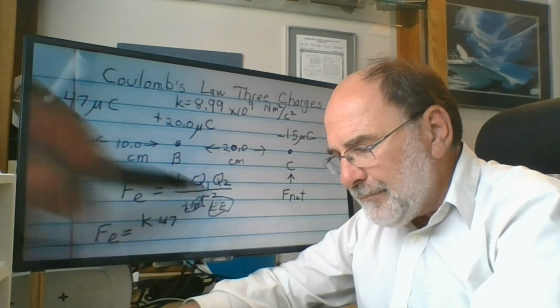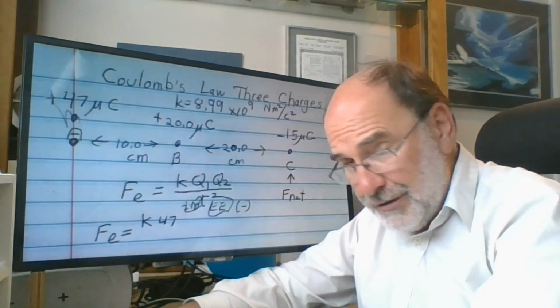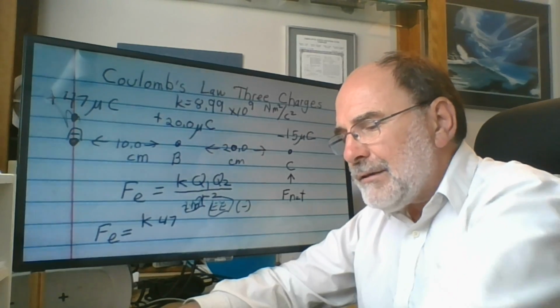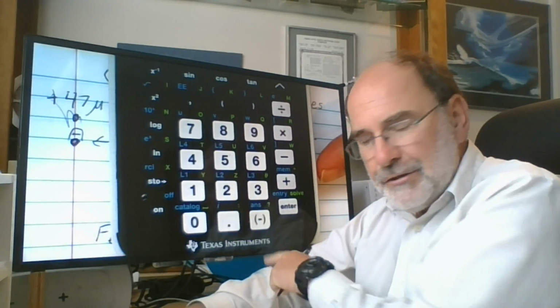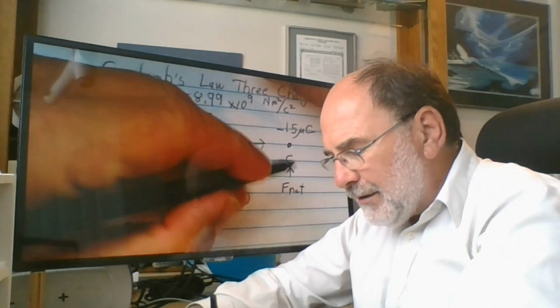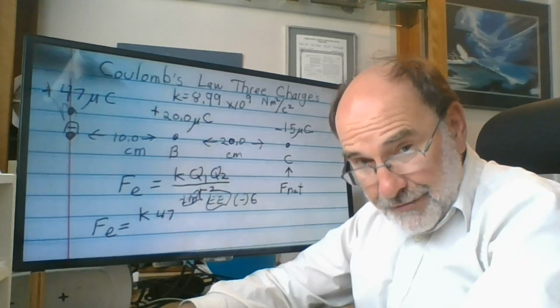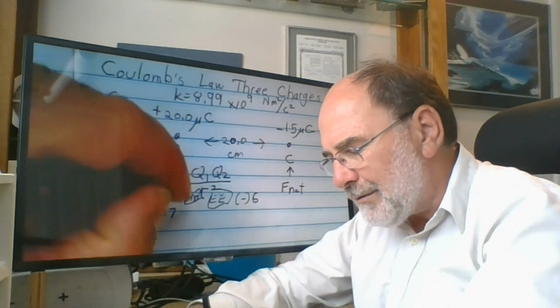Second EE, micro means -6, so you would hit the exchange key. That is on a TI to the right of the decimal point, at the bottom of the calculator. 6, meaning this is 47 times 10 to the -6 power, and that is the value of charge A, or Q1.